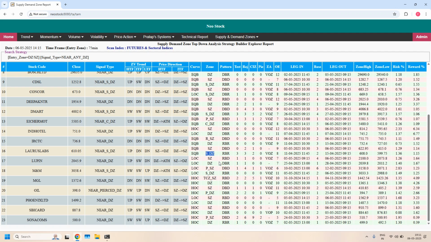Laurus Labs is having a 75 minutes high liquidity demand zone. M&M, Mahindra & Mahindra is having a 75 minutes high liquidity demand zone. That's it. I think total we identified 5 75 minutes high liquidity demand zones from this list.